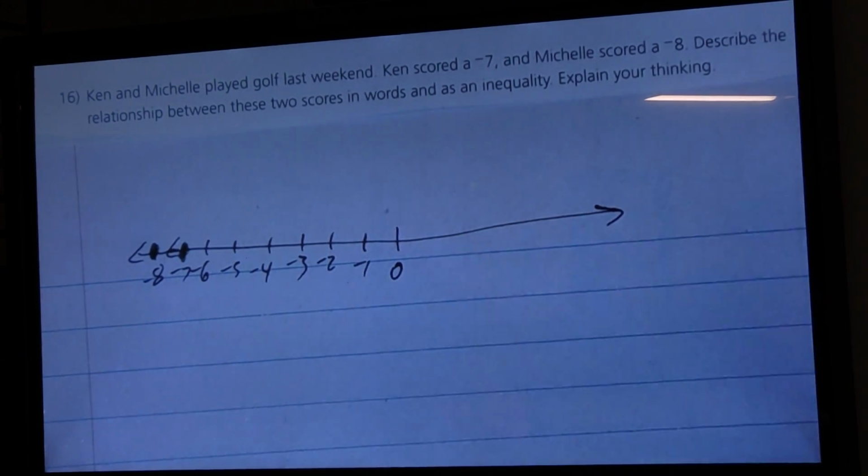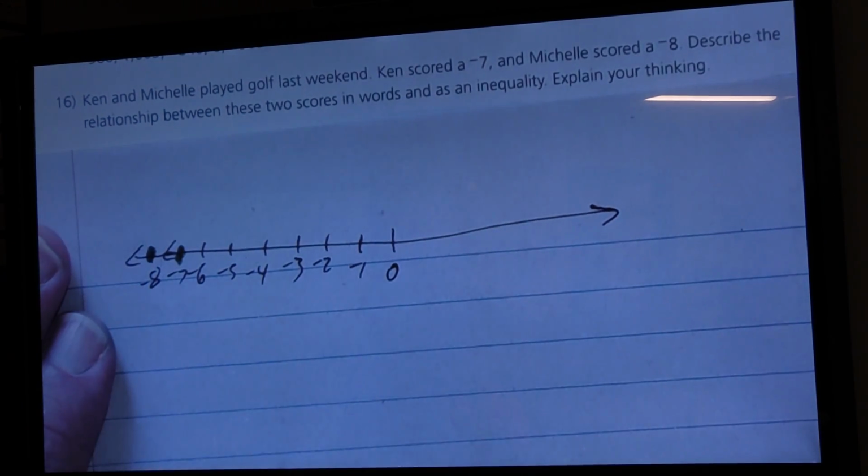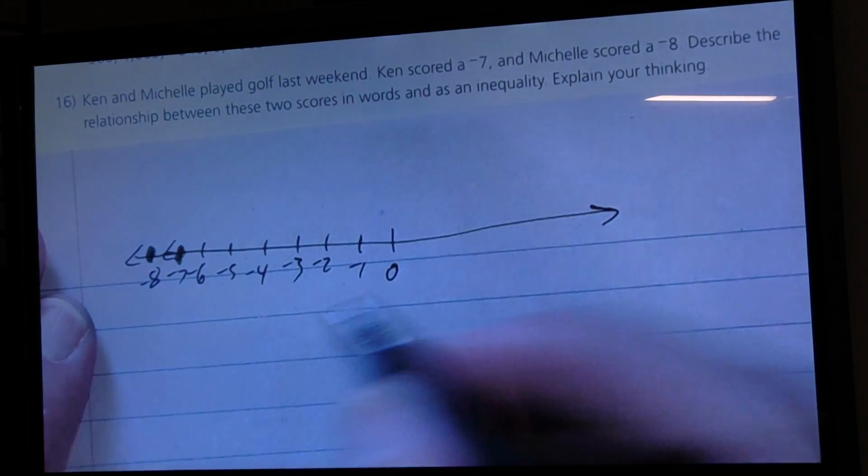Now we learned early on that the farther left you go on a number line, the less value you have. So because -8 is farther left than -7, I know that it has less value. So I could write down how I describe the relationship between the two scores in words and as an inequality.